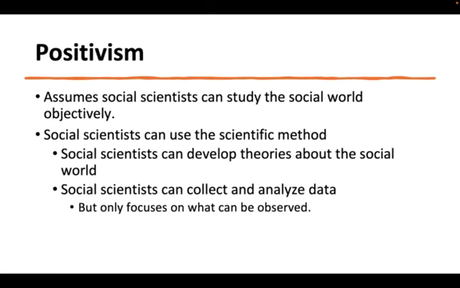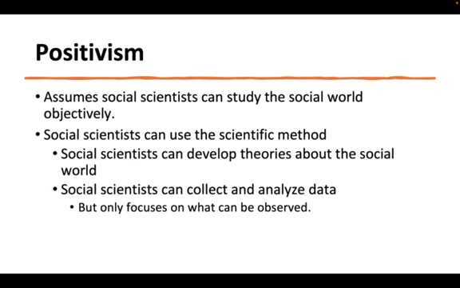We'll go a little more in depth. So positivism, again, assumes that social scientists can study the social world objectively. Thus, social scientists can use the scientific method as described in previous podcasts and in your textbook. Social scientists further can develop theories about the social world.